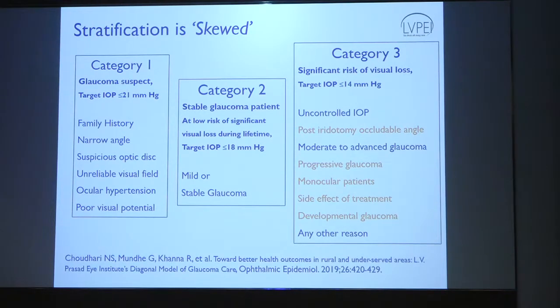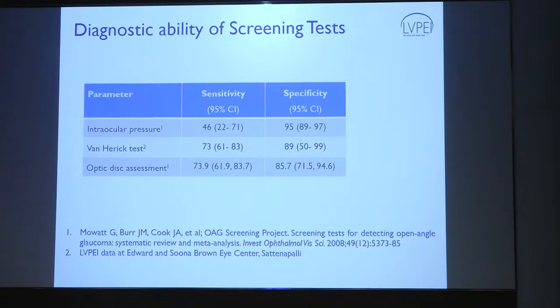If you see this, it just says post iridotomy occludable angle, but it may be plateau iris syndrome, or a patient who is monocular, or somebody who has side effects of treatment. They are put into there so that when a faculty is visiting, those patients are pooled. So now we tag the patients into which category they belong, and accordingly the receptionists are trained to give appointments with the faculty when they are coming, and that's how we are doing it.